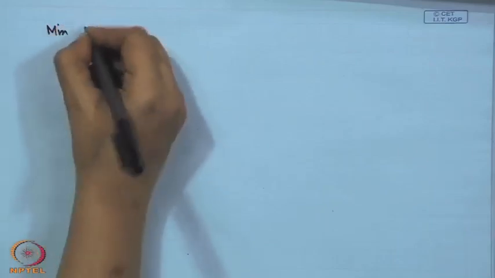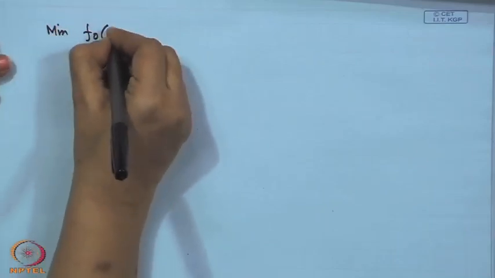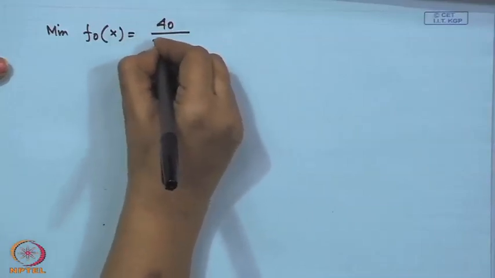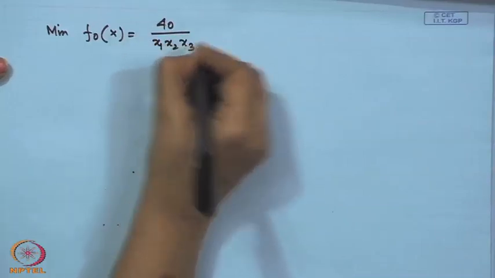Let us apply this for an example: minimization of f naught x. This is the monomial 40 divided by x1, x2, x3.